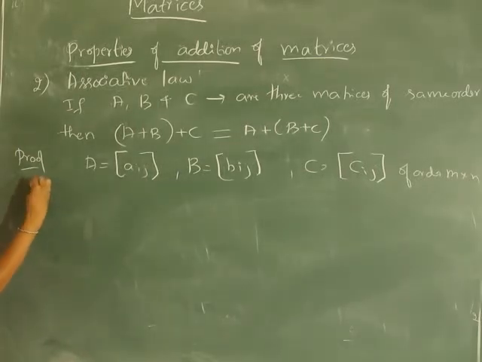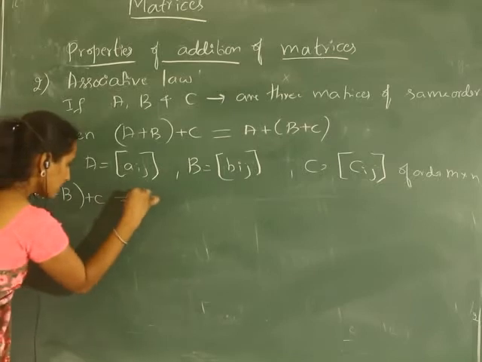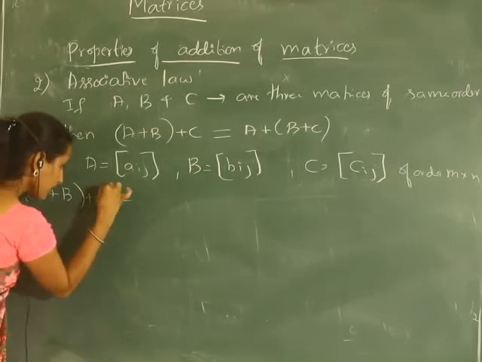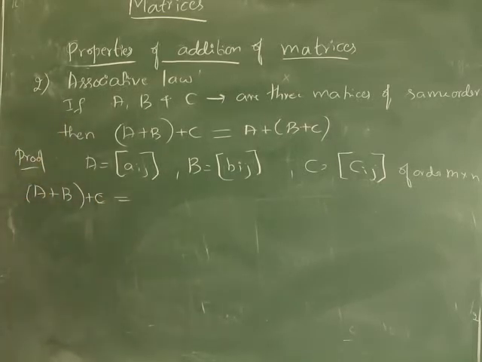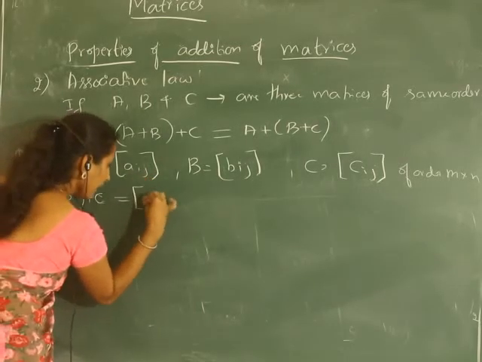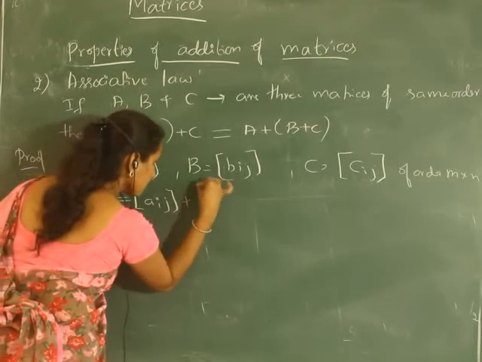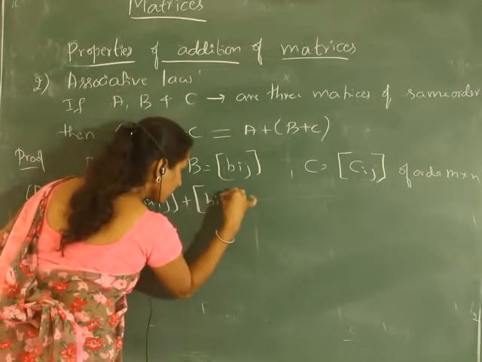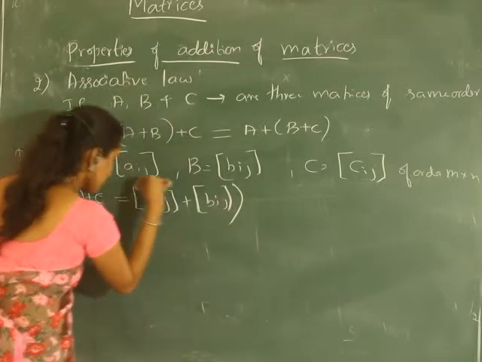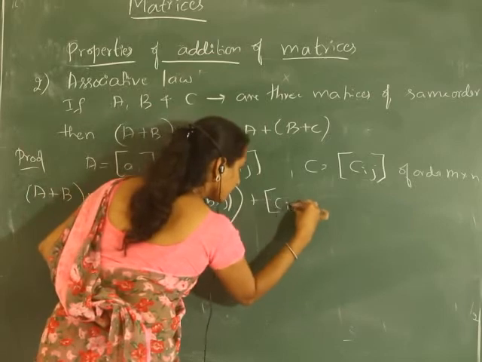First I'll consider (A plus B) plus C. First I'll consider A plus B. So how to add A plus B? A plus B will be Aij plus Bij, inside the bracket, plus Cij.